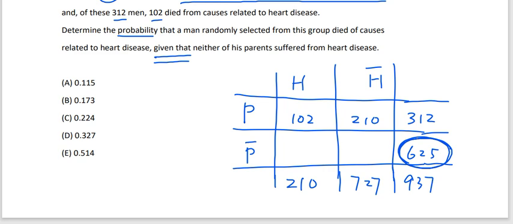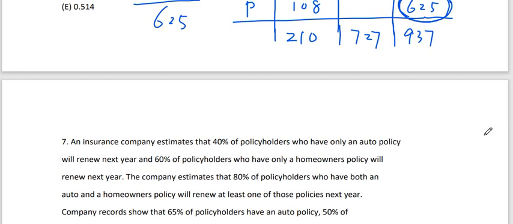So the denominator is this. We want to find how many die from heart disease, so we want to find this number. So we can find this equals 108. So the probability is just this.